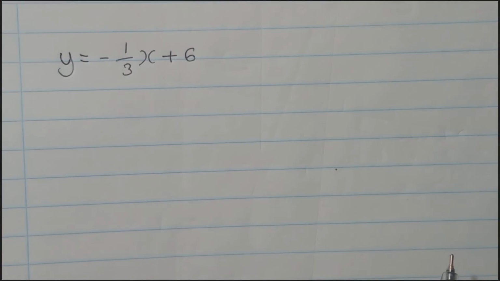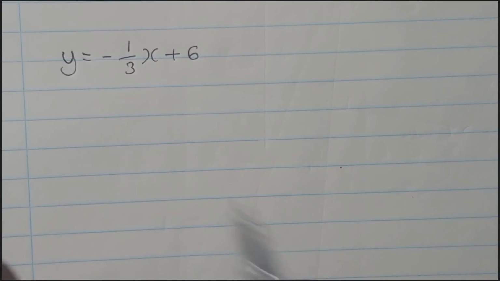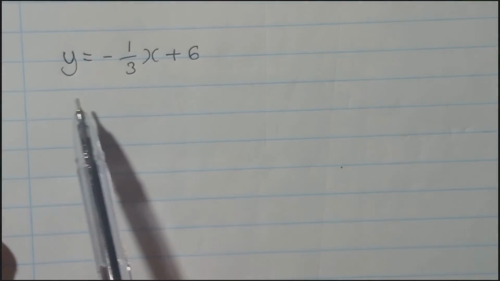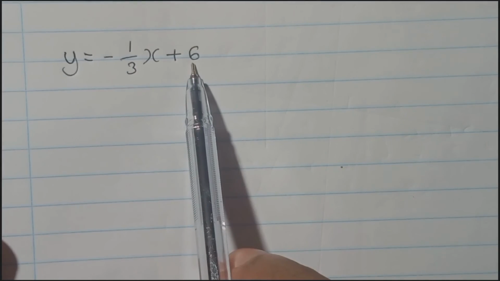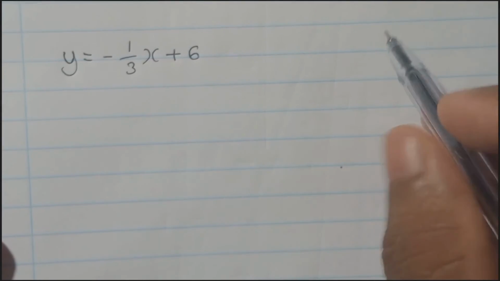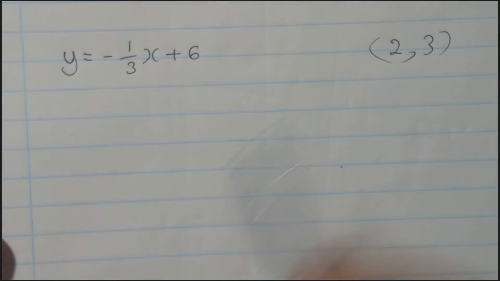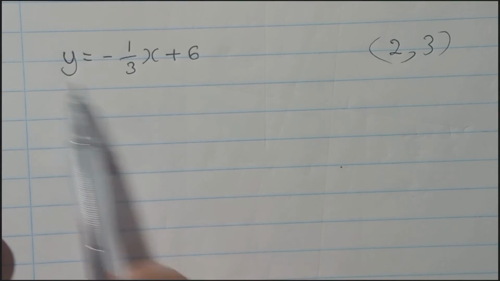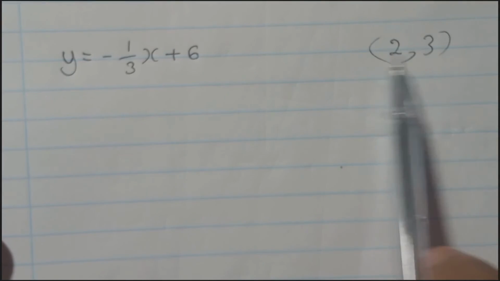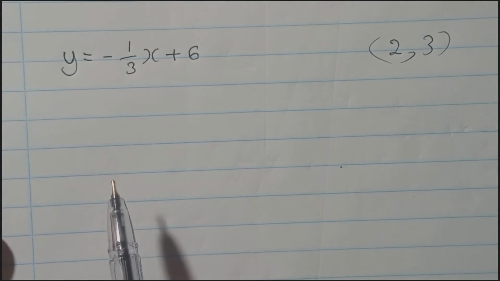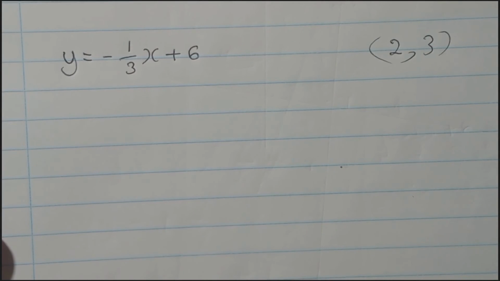Okay, now let's consider this question. They tell us line S is perpendicular to this line and passes through this point, 2 comma 3. That means line S is perpendicular to this line and also passes through this point. Now we need to know only line S's gradient.